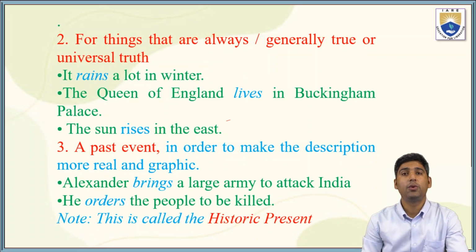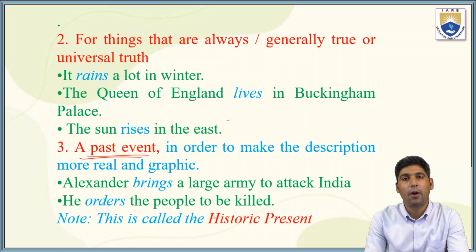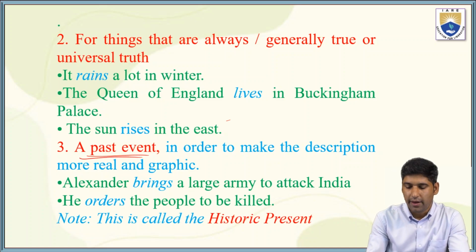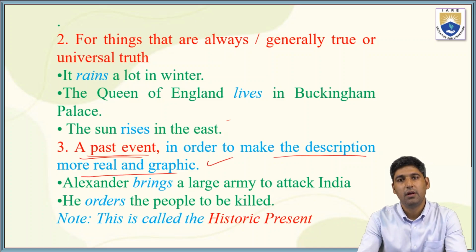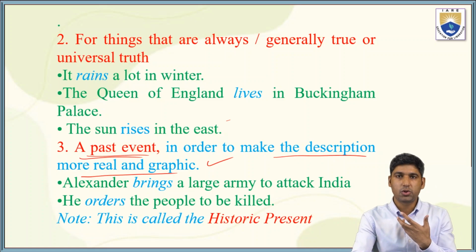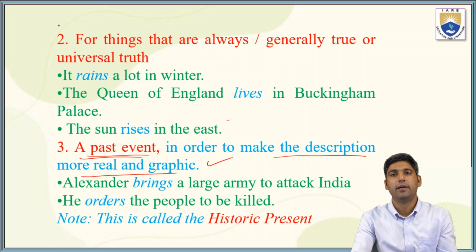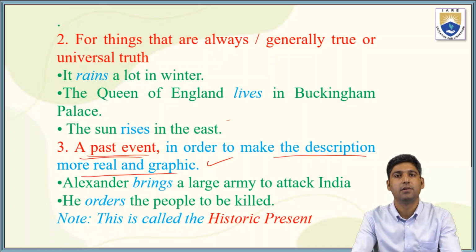Now, as I told you, there are some exceptions. We can show a past event with the help of present indefinite tense in order to make the description more real and graphic. In order to show something more real or more graphic which happened in the past, we can show that in the present.